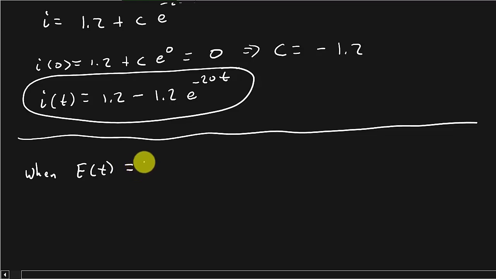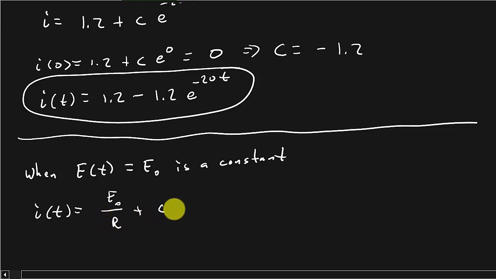When E of t is equal to E naught, a constant, we'll get I of t is equal to E naught over R plus c e to the negative R over L t.